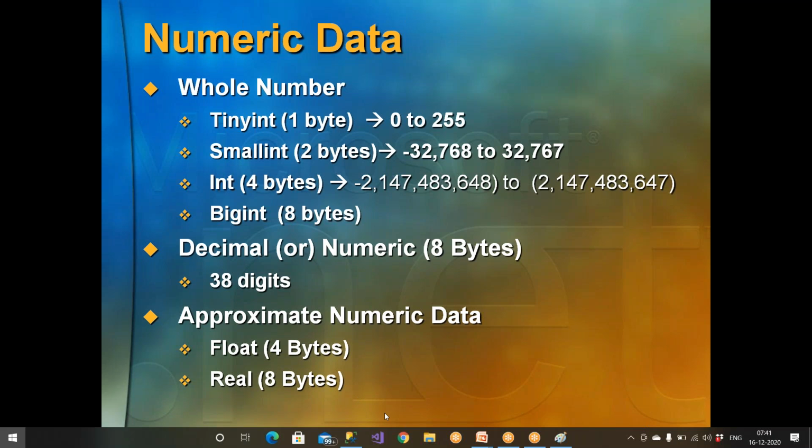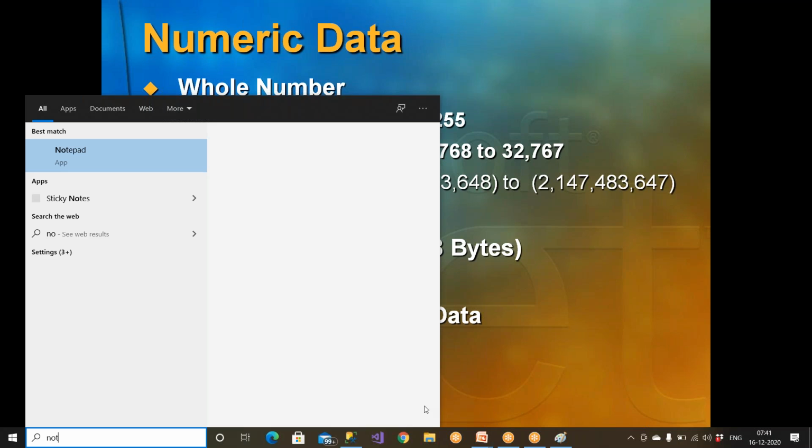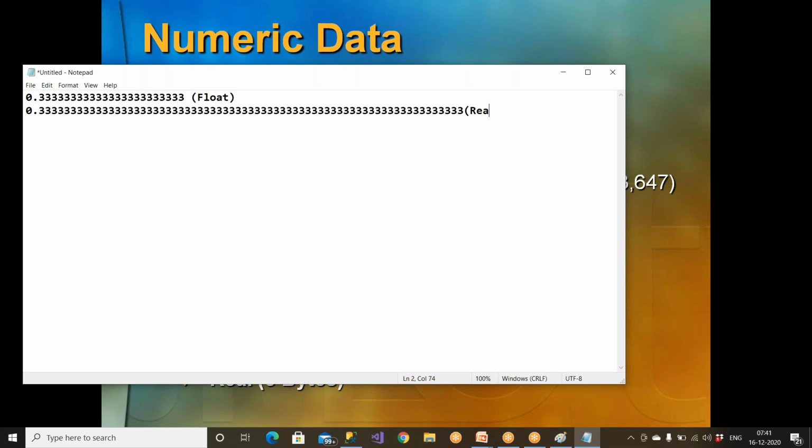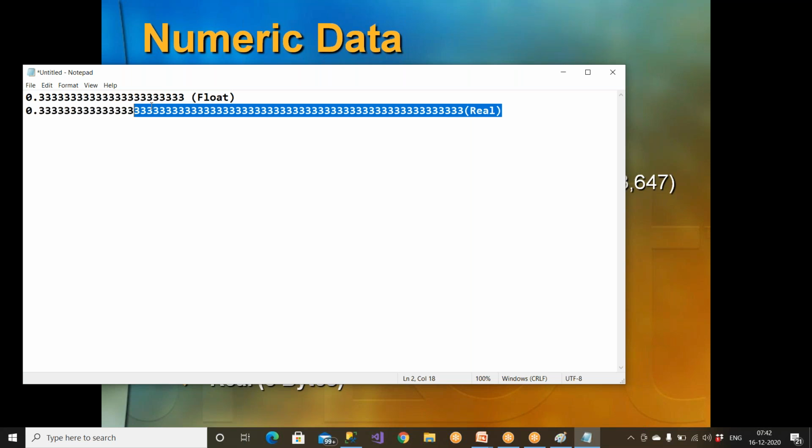For example, approximate means recurring numbers. If I say 0.3333, up to this a float can store, and the other can store much more, some more digits. So this is more accurate than this.